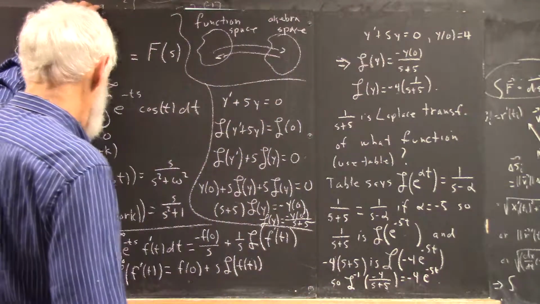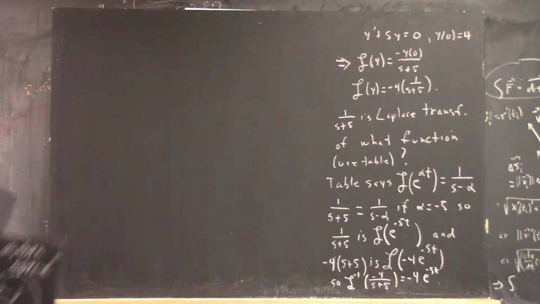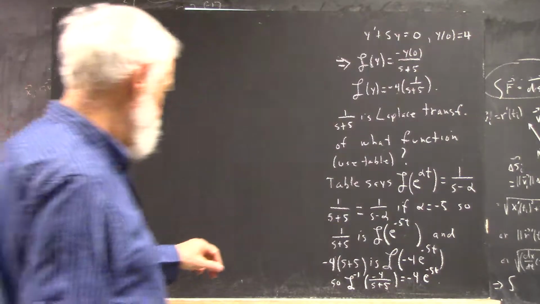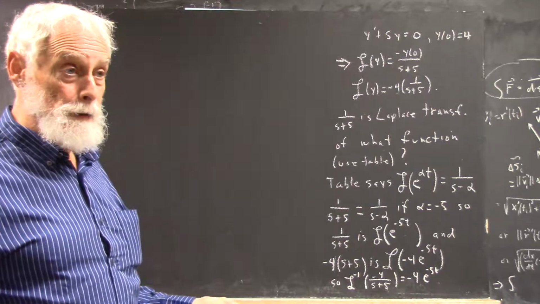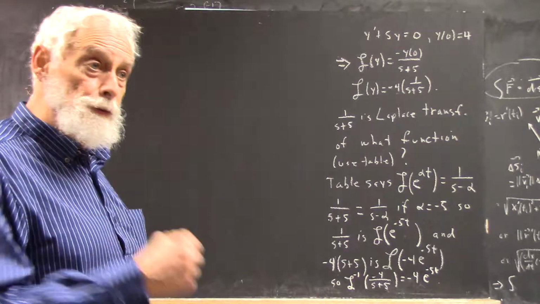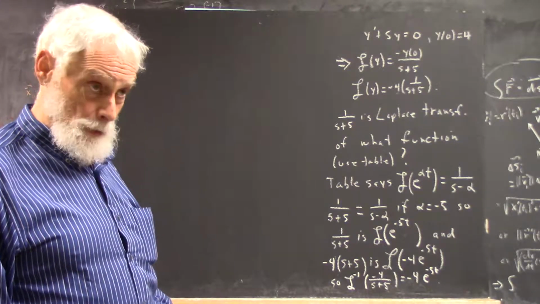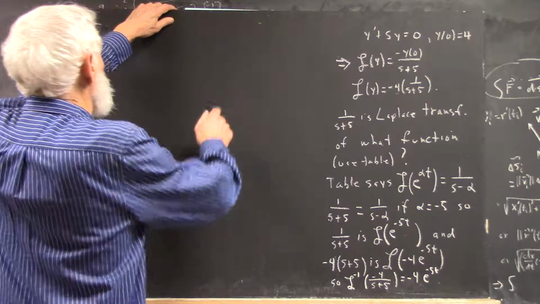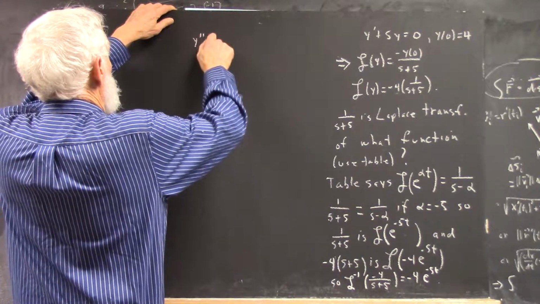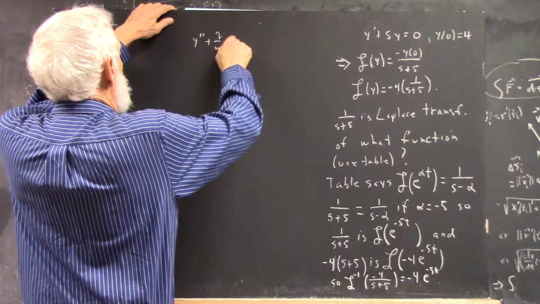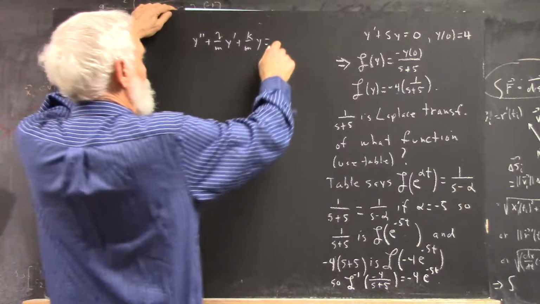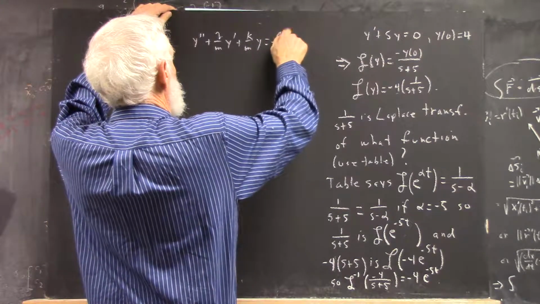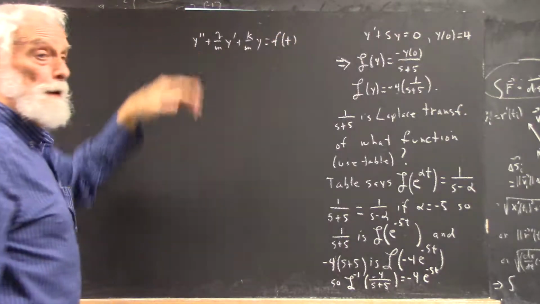Also, with circuits, or even with pendulums. Okay, let's say we've got a pendulum, but we're driving it with some force. Okay, well, your equation is going to look something like y double prime plus gamma over m y prime plus k over m y equals some function f of t, right?